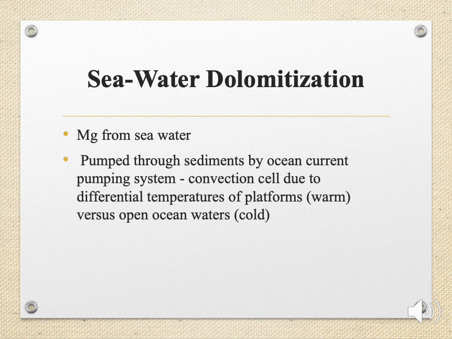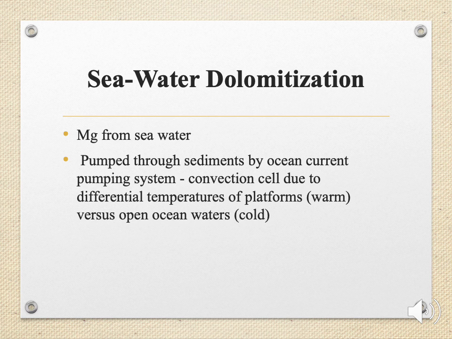So the magnesium source is the seawater, and it's pumped through sediments by ocean currents from some sort of convective activity due to differential temperatures, where you have warm waters on the platform and cold waters in the open ocean, and so there is constant circulation.